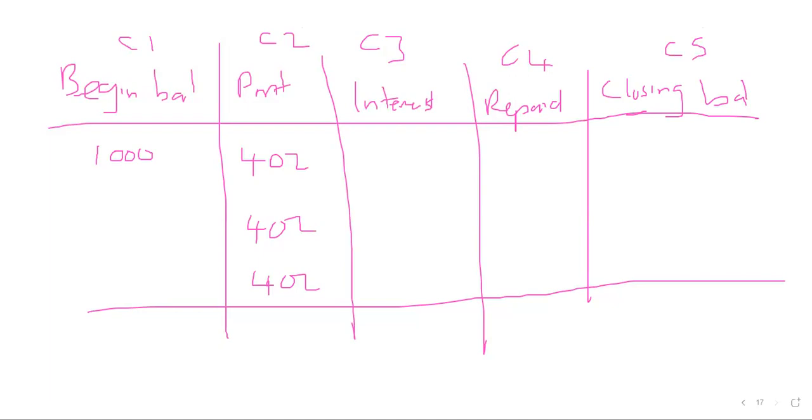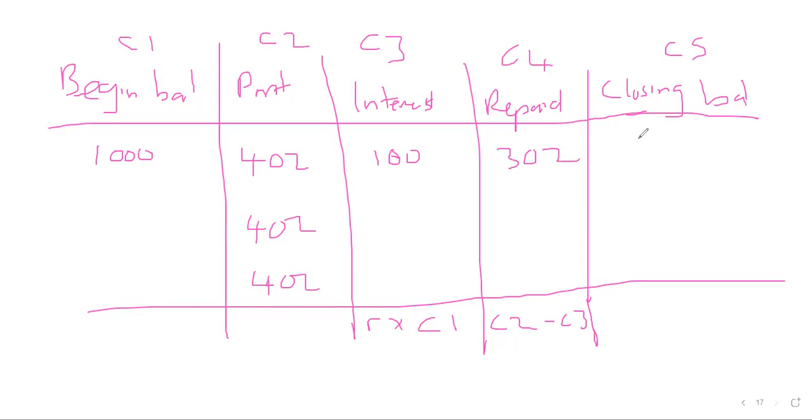So to find the interest, which is 10%, how do you find it? Simply the interest rate times column 1. So 10% of 1,000 is 100. Then to find column 4, we simply subtract column 2 minus column 3. So 402 minus 100, 302.